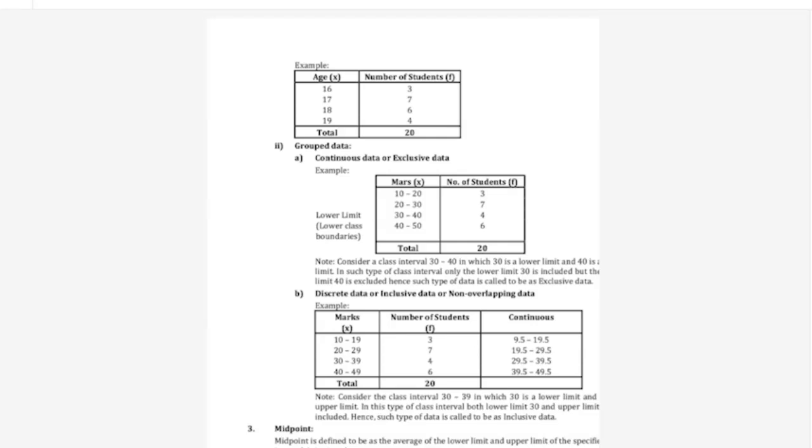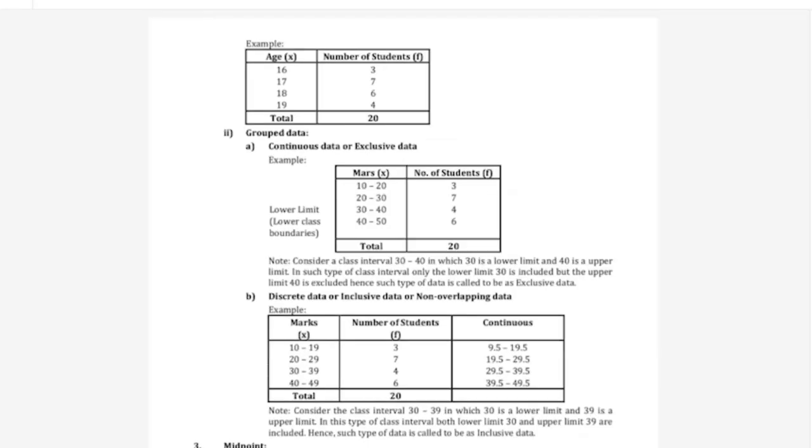In this type of given data, only the lower limit has been included, whereas the upper limit has been excluded. Lower limit included, upper limit excluded.